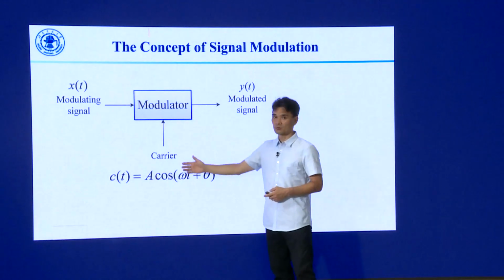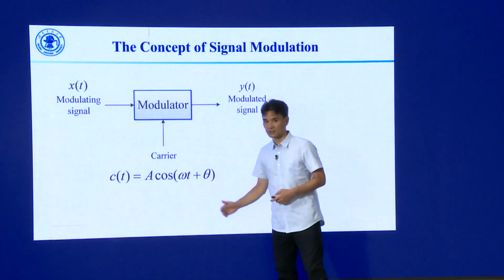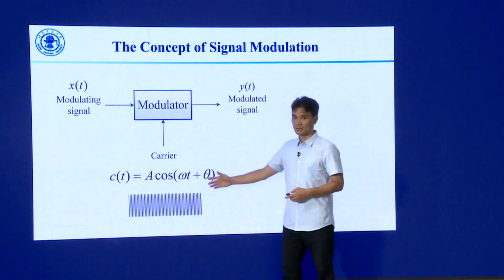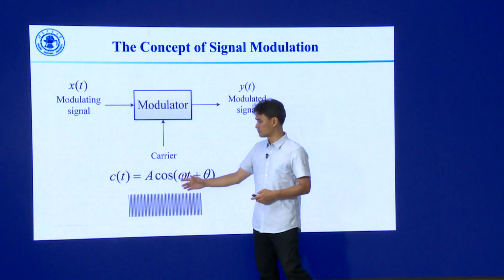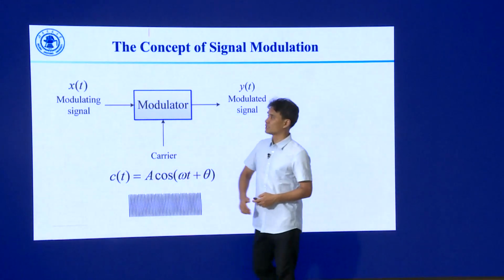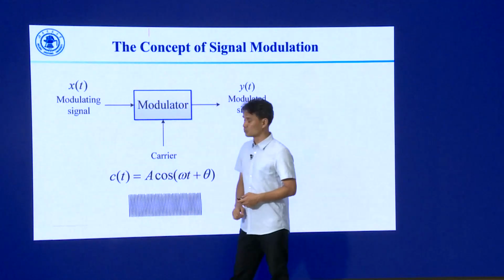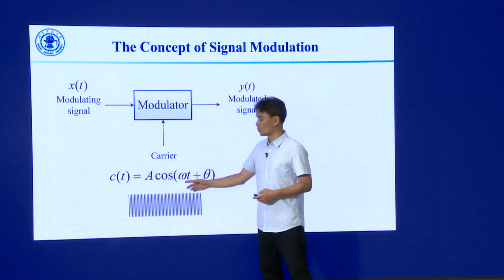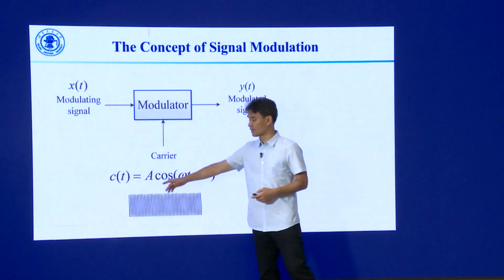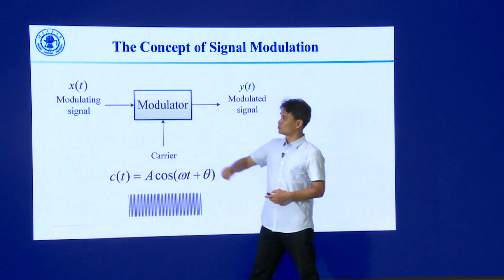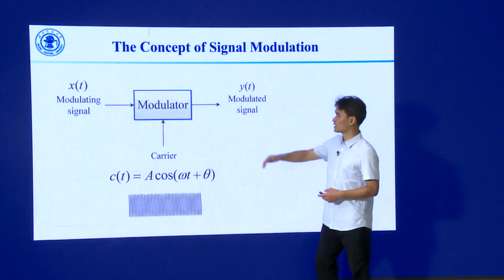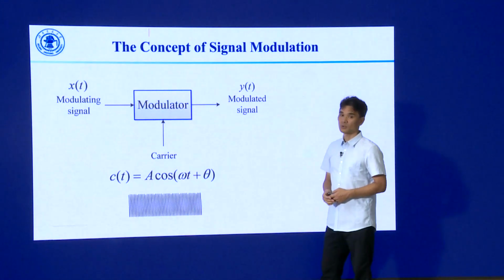The carrier is often defined by a cosine function. The cosine function has three different parameters: amplitude, frequency, and phase. The modulating signal will change one of the three parameters so that the change of the parameter reflects the modulating signal. And the resulting signal is called the modulated signal.